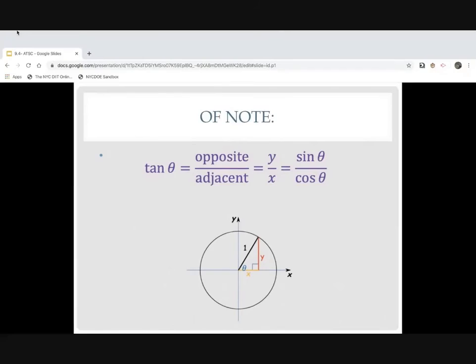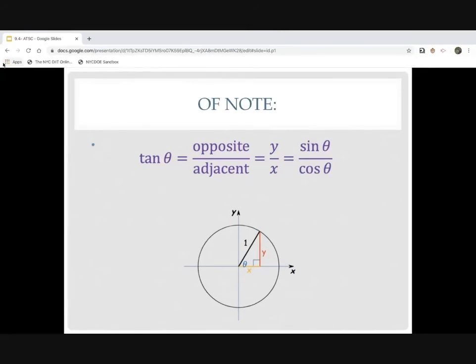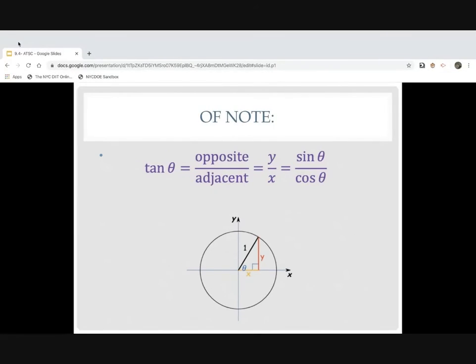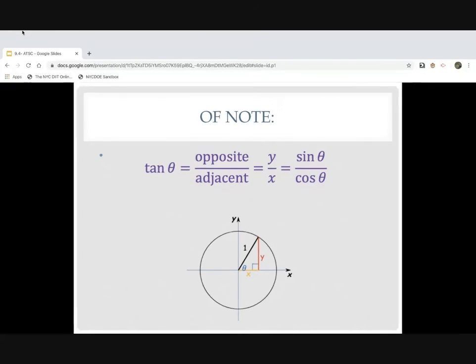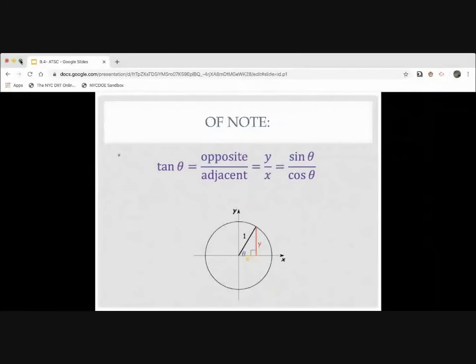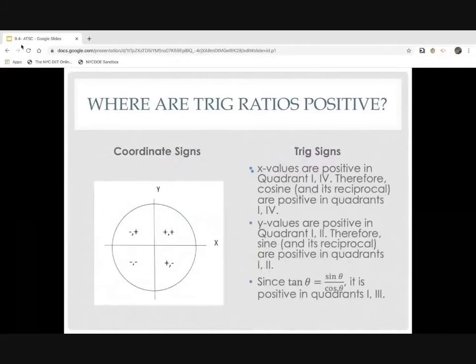So, of note, tangent of theta is equal to opposite over adjacent, or y over x. And that is equivalent to sine of theta divided by cosine theta. Now, why are trig ratios positive? Well, in the first quadrant, both x and y are positive, so all of the trig ratios will be positive.